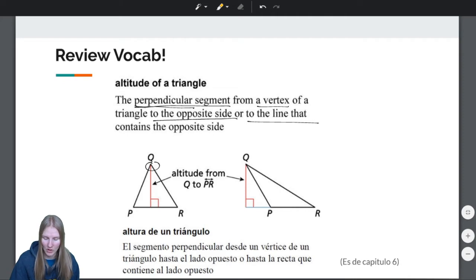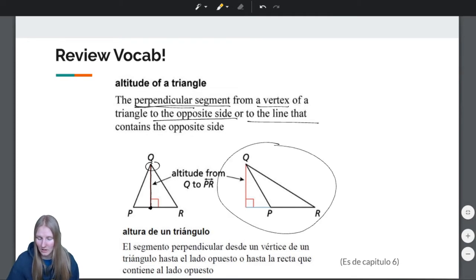So here in the triangle on the left, we dropped the altitude to the opposite side. This point is on the opposite side. In the triangle on the right, we dropped an altitude, but it's never going to hit the third side because it needs to be perpendicular. If it hit the other side, it wouldn't be perpendicular.